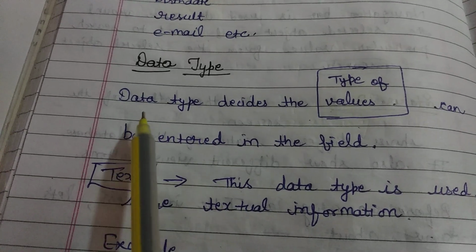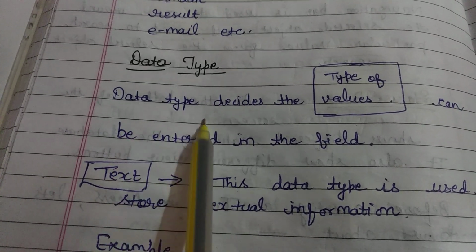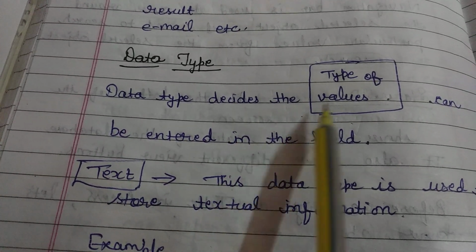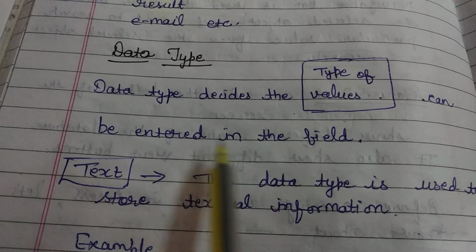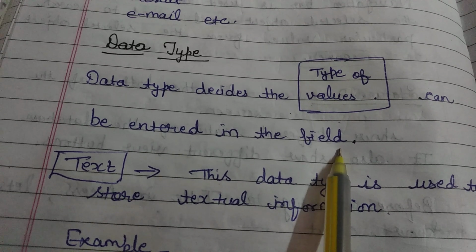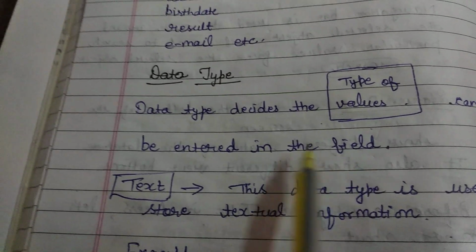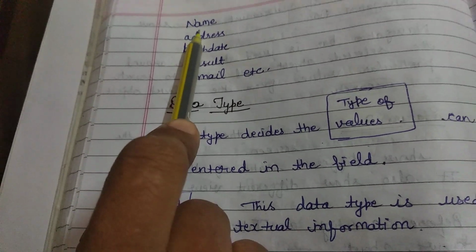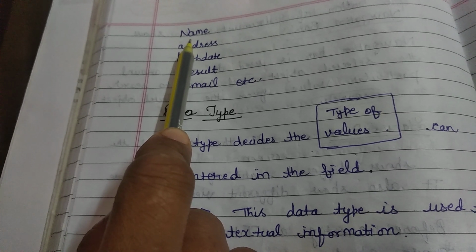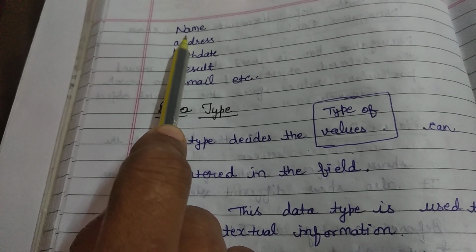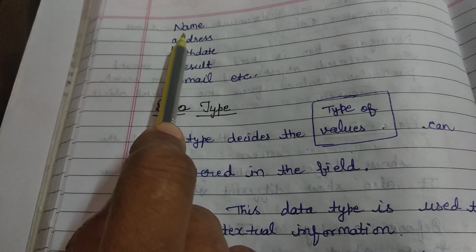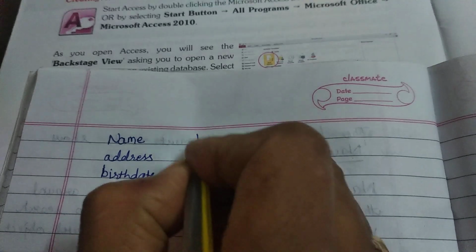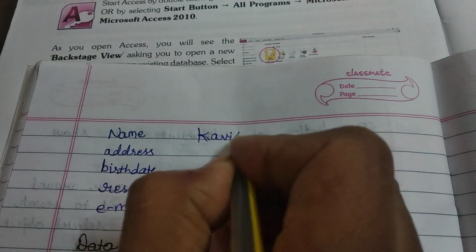Next is data type. Data type decides the type of values that can be entered in the field. For example, we have taken the field name. In this field, the type of the data will be text. Suppose the name is Kavita.